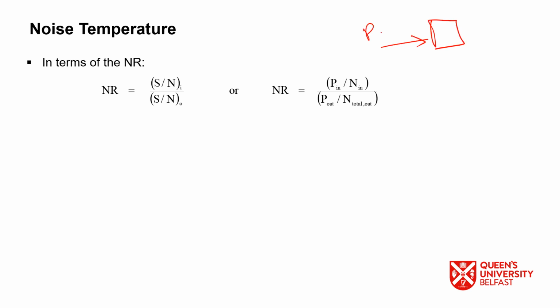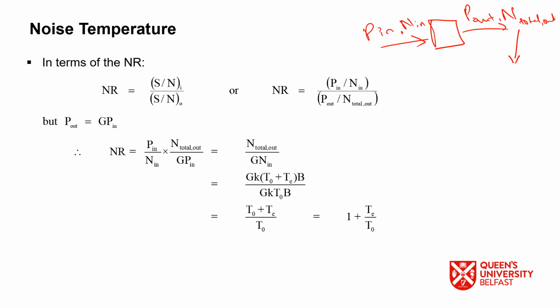So P in and N in, here P out and N total out. You see, this N total is actually a combination of input noise that has been amplified, plus the receiver's own noise. So P out is equal to G P in. So noise ratio, if we do a little bit of maths, then we will end up in this equation, that is N total out over G N in.